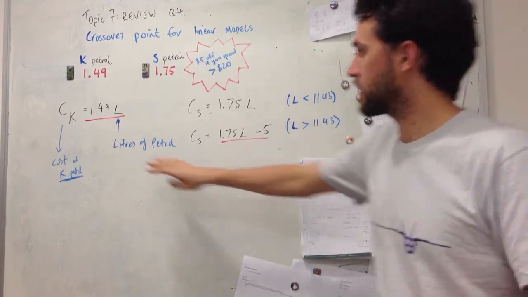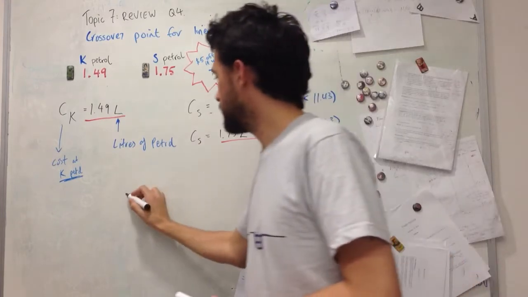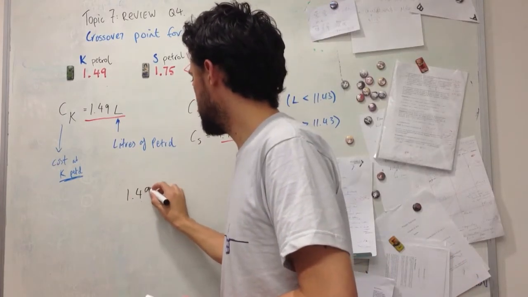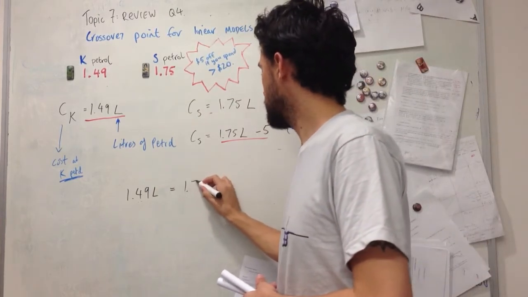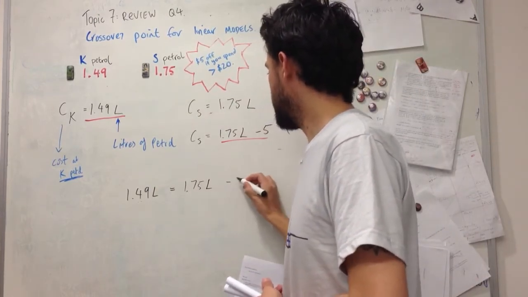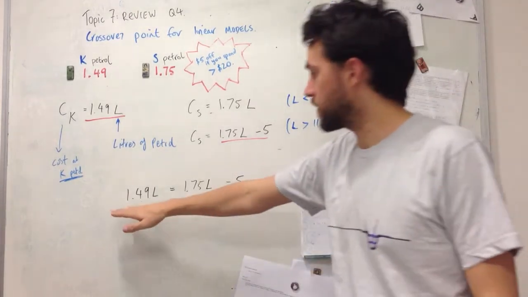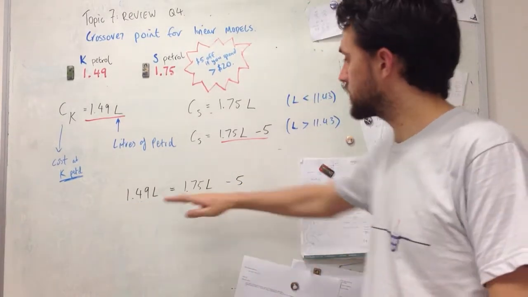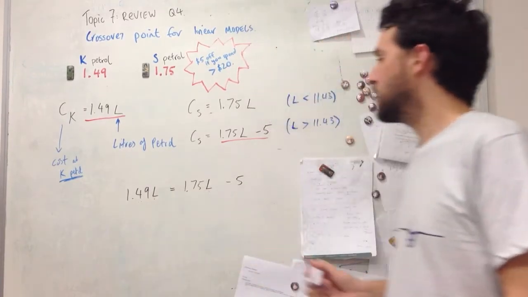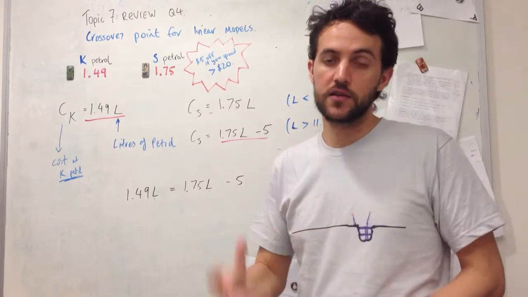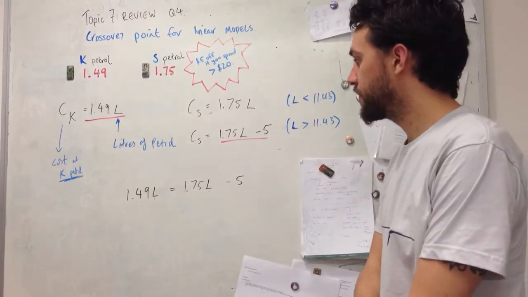And we want to know when the cost at K is the same as the cost at S. So when does $1.49 per litre become the same as paying $1.75 per litre and subtracting 5? Once we've got it in this form, we see we've got two equations and a single variable, so the variable is on both sides, and we just need to do our methods to rearrange this equation and find the value of L.